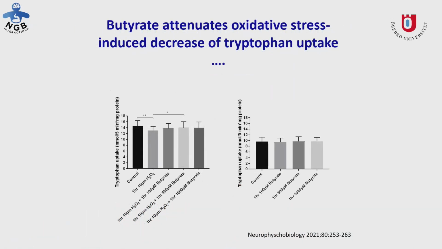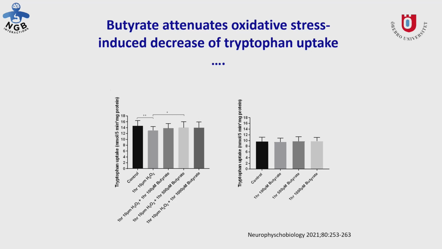We have actually looked at the effect of butyrate more on the neurosystem, and actually seen that in cases of challenges of nerve endings, in this case simulated by fibroblasts, by, for example, oxidative stress, butyrate can actually protect these neurons and fibroblasts from oxidative stress.